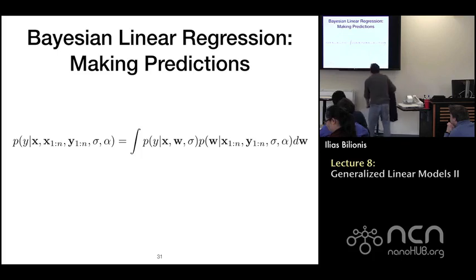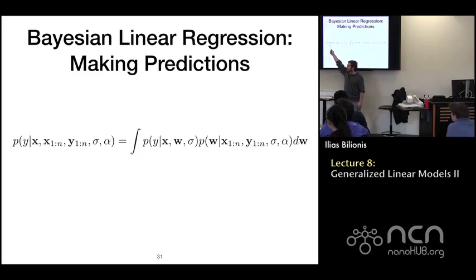The other way to think about it is to start here and say, I want to know what is the measurement I'm going to get at X if I measure Y, and if I take into account all the data I've seen. Okay? So what will I measure at X if I take into account all the data I have seen? And then you use the sum rule of probability theory.